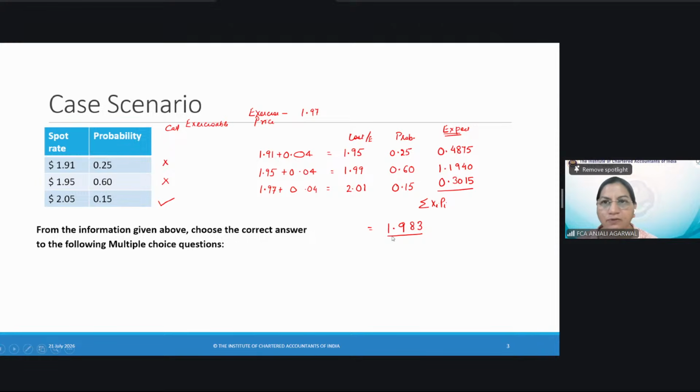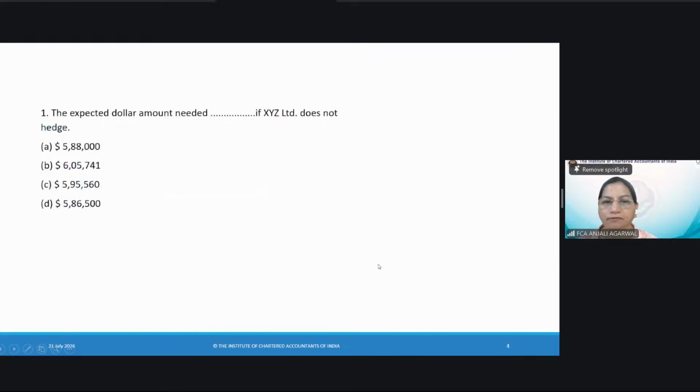Okay, so let us now look at the questions when we have done our basic working. First question, what is the expected dollar amount needed if XYZ does not hedge? So if you're not using forward, you're not using money market, you are not using option, then what is the expected dollar amount if we do not hedge?